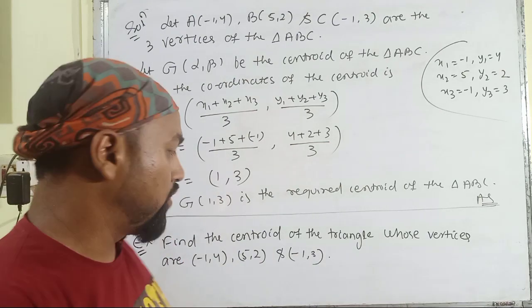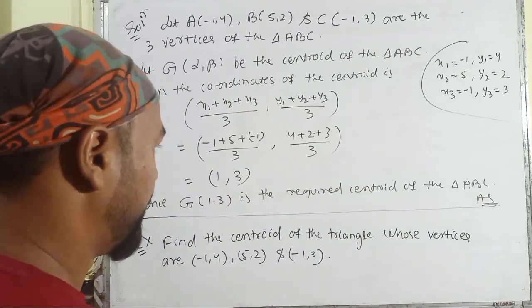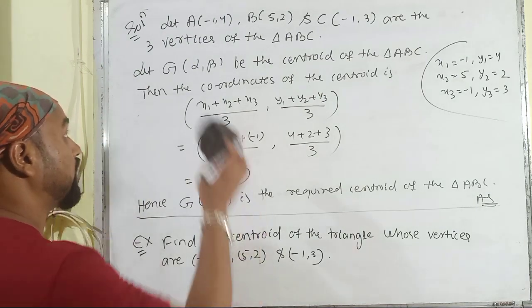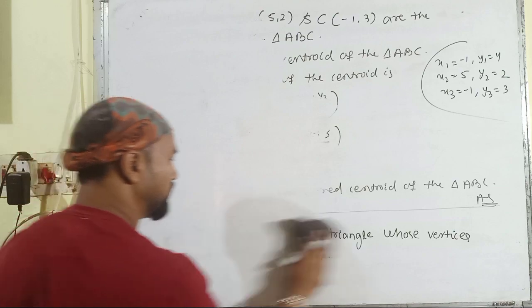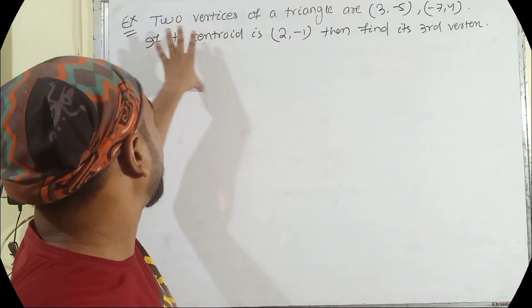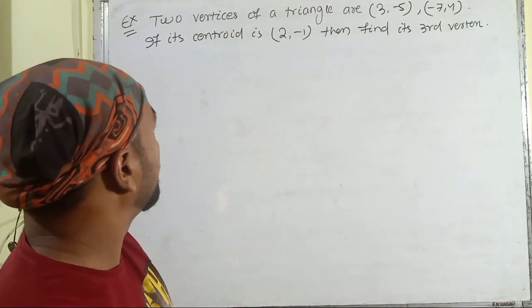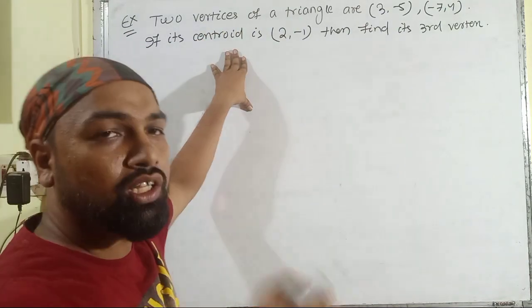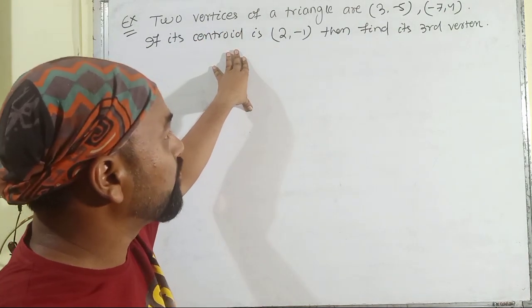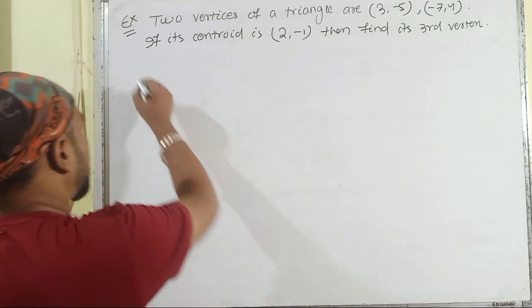Then let us solve another problem based upon the same fundamental, the centroid of the triangle. The next question is like this: two vertices of a triangle are given to you, and the centroid is also given to you, and we have to find the third vertex.